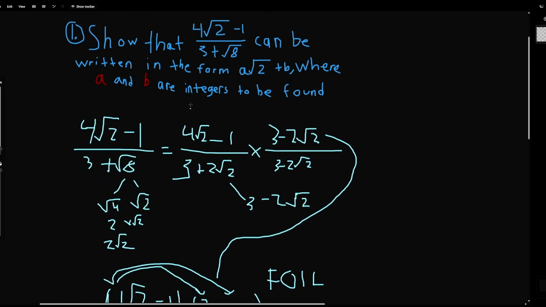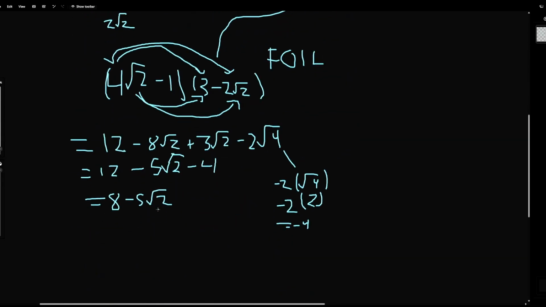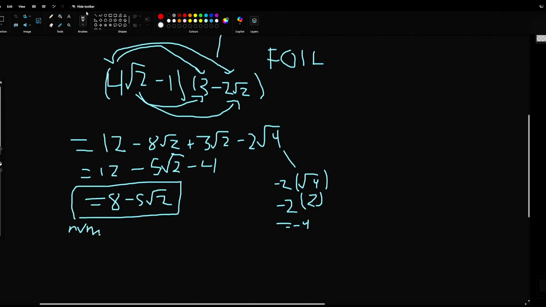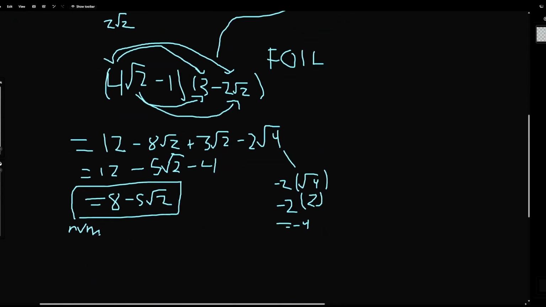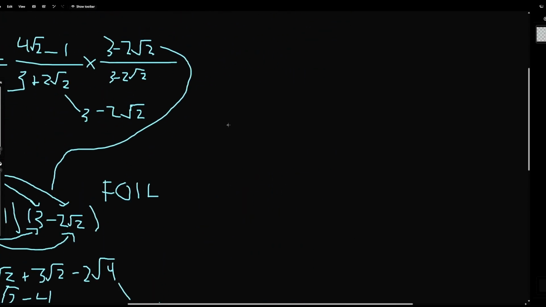But this is not our final answer because we still have the denominator to multiply, which should be easy because it's just a difference of squares. So this is our numerator so far, and if we do the denominator, it's (3 + 2√2)(3 − 2√2). Say that's our a and b, because this is a binomial, right?